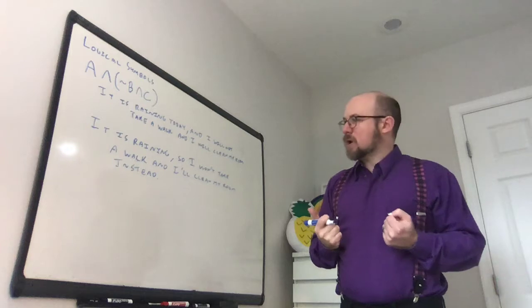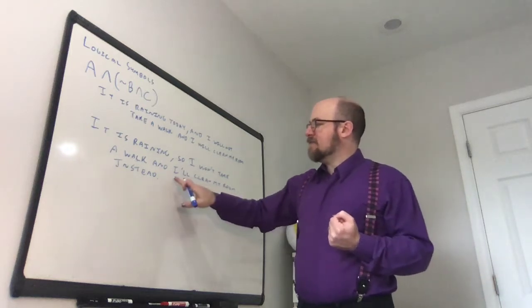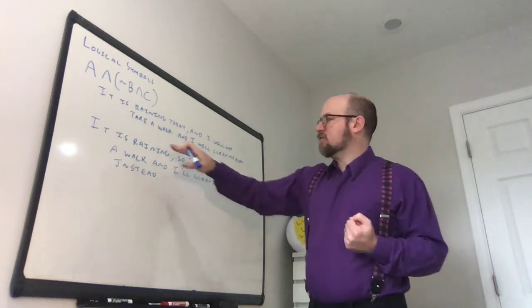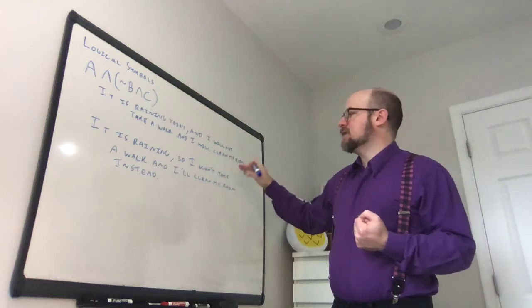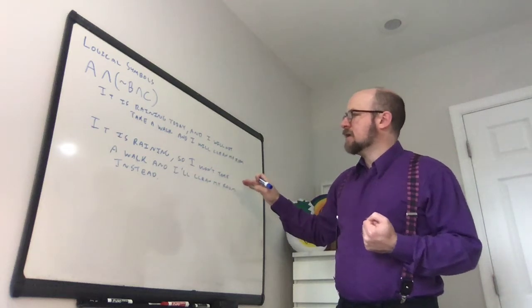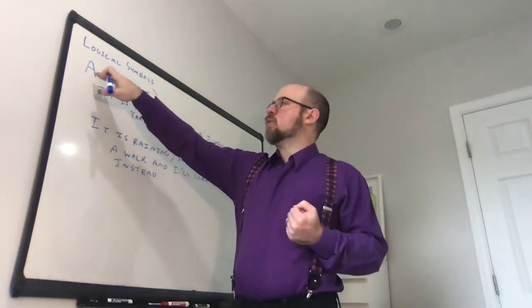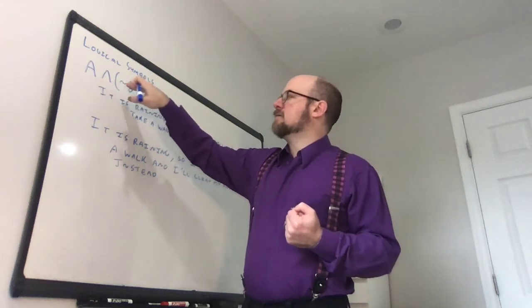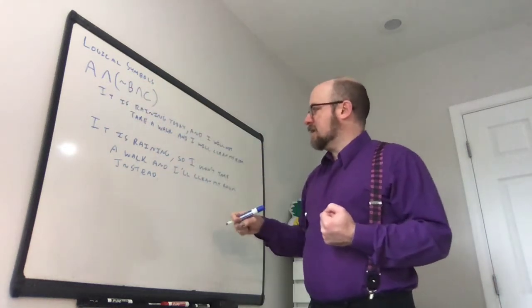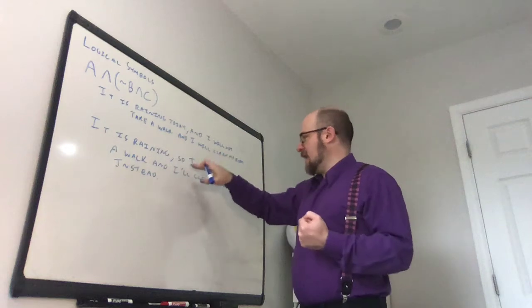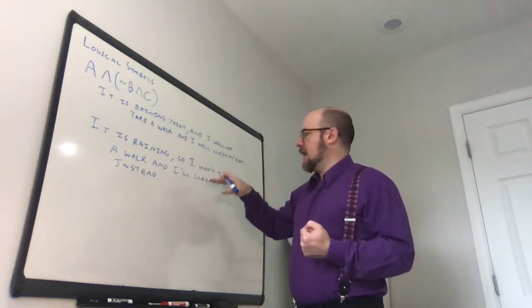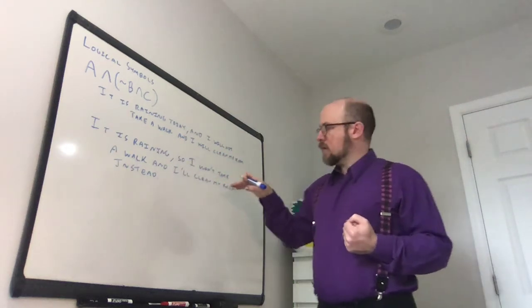Okay? So if you take something like this, it is raining, so I won't take a walk and I'll clean my room instead, that's still logically equivalent to A and not B and C, right? It is raining and I won't take a walk and I'll clean my room instead.